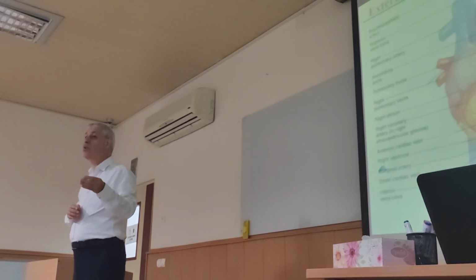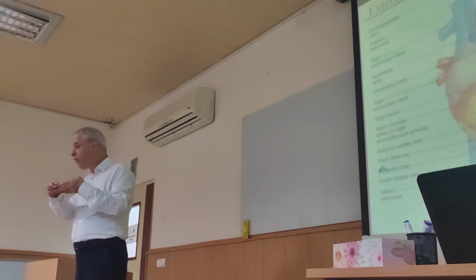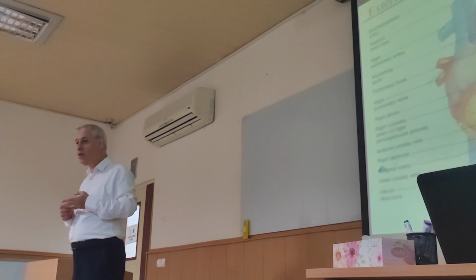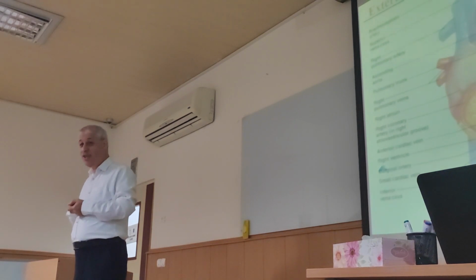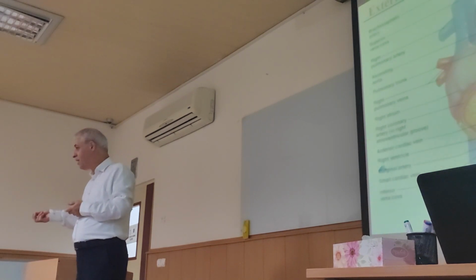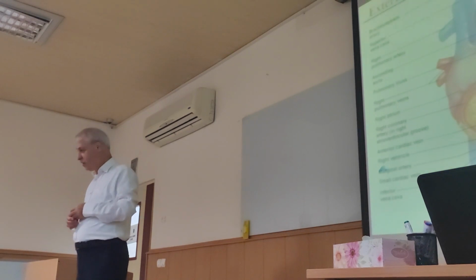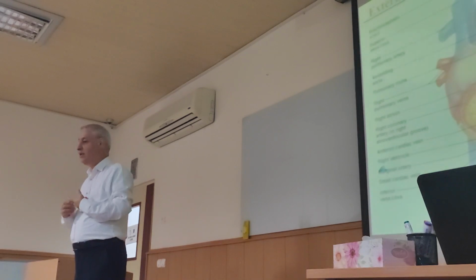Oxygenated blood goes back to the left atrium via four veins called pulmonary veins. They are veins but carry oxygenated blood. The pulmonary artery is an artery but carries deoxygenated blood. This is the general and pulmonary circulation.